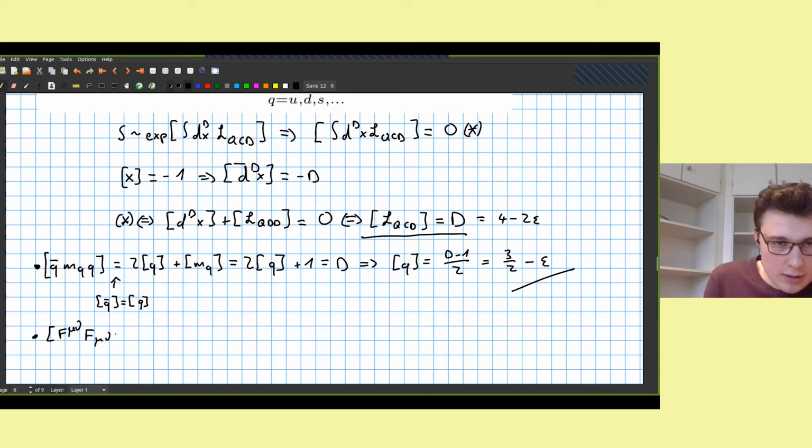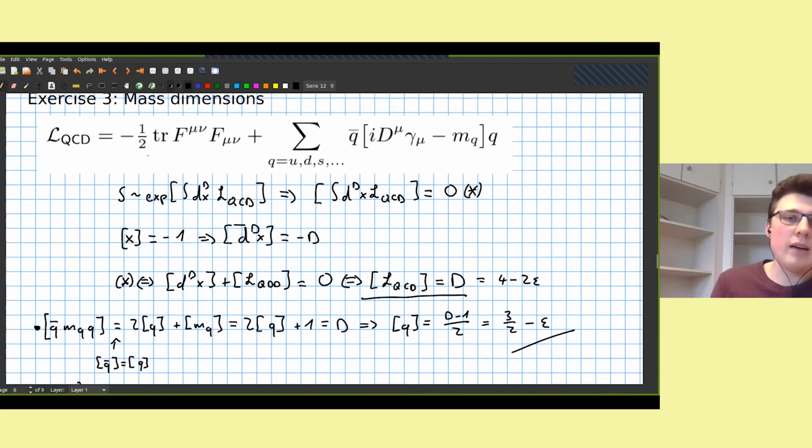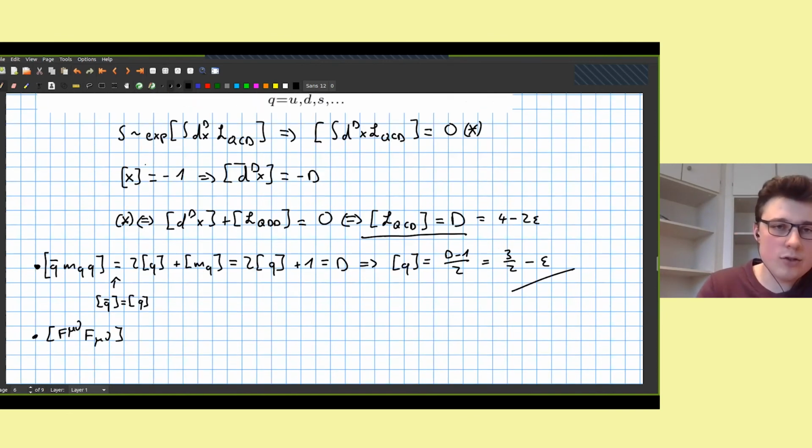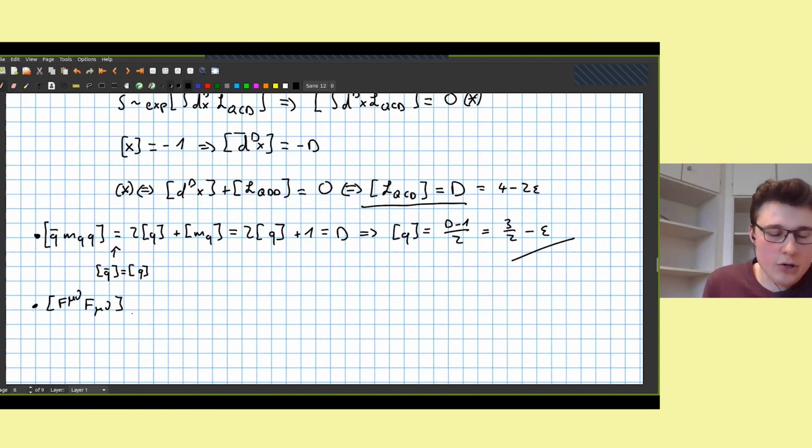So next we will talk about the first term of the QCD Lagrangian. Again, I'm leaving out the trace and the minus 1/2. This will change nothing in terms of the mass dimension. So we know that co- and contravariance have nothing to do with the mass dimension. So we can insert a factor of 2 here and only have a look at one field strength tensor.